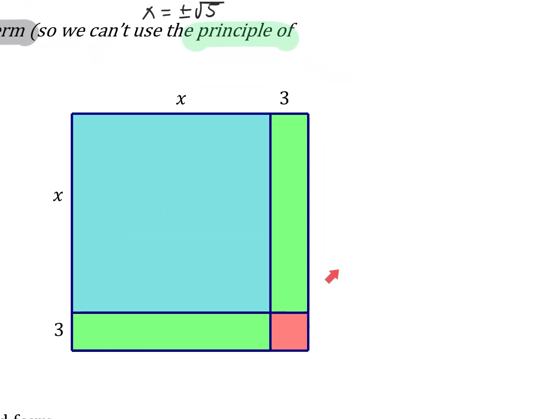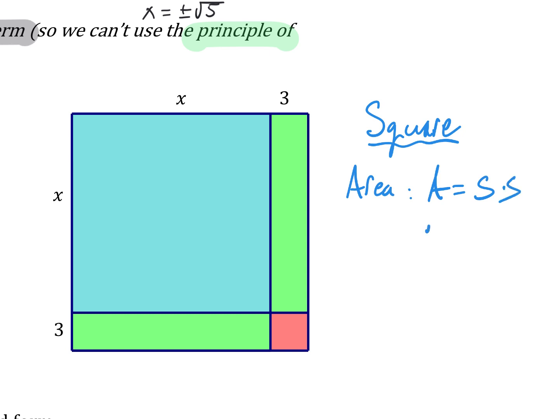If we remember, the area for a rectangle is length times width, and for a square, the length and width is the same. So the area formula for a square is the area equals side times side, or area equals side squared. So whatever this length is here times itself. Well, what is this length here?